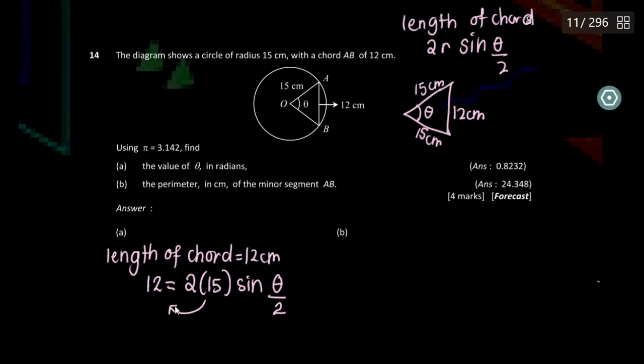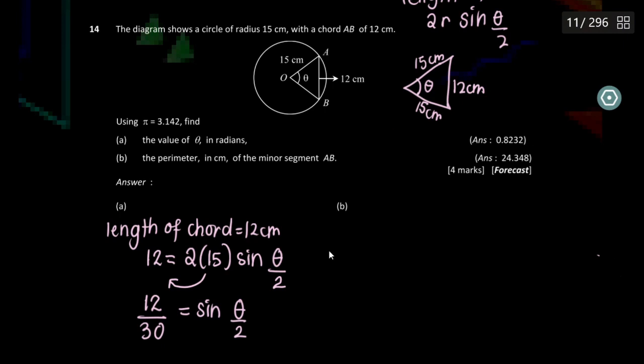Bring the 30 to the other side, so it becomes 12 over 30 equals sine theta over 2. Let's solve 12 divided by 30. It's 2 over 5, or I can write 0.4. So I'm going to write the sine on the left hand side, 0.4. Then bring the sine to the other side first.